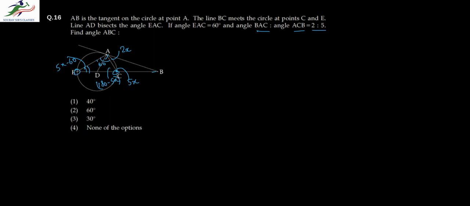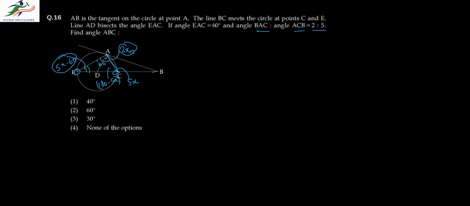So this is the value of angle AEC. Now we know that the angle subtended by this chord AC with the tangent, which is 2x, should be equal to the angle subtended by the same chord inside the circle, which is 5x minus 60. Now these two, 2x should be equal to 5x minus 60.